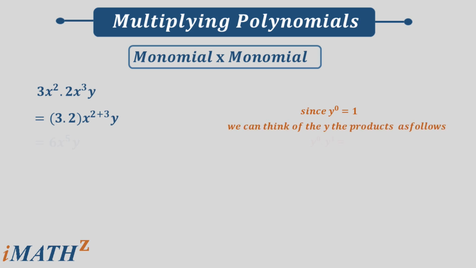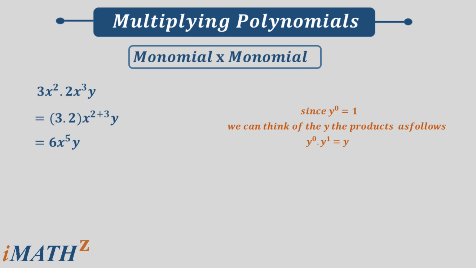If y to the power 0 was multiplied by y to the power 1, the common base would be y, and the exponent would be 0 plus 1, which is equal to y to the power 1, and that simplifies to just y. That explains how we got the y in this expression. So the final answer then becomes 6x to the power 5 times y.